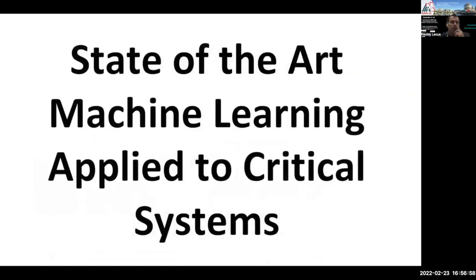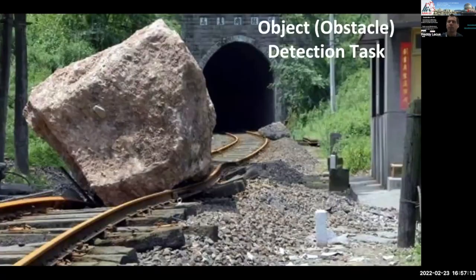If we just look at an example, something I also wanted to show: if we don't use a knowledge graph, but just do explainable machine learning, what happens with the state of the art? So it's a boulder on a track, and you try to detect it.